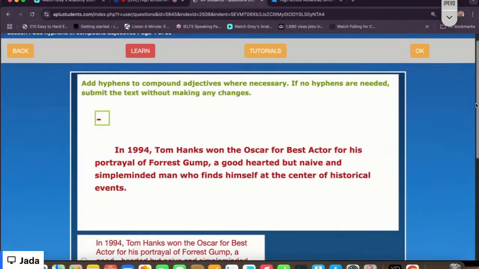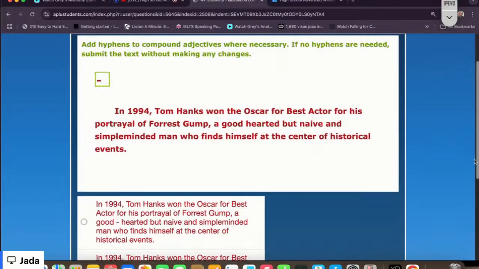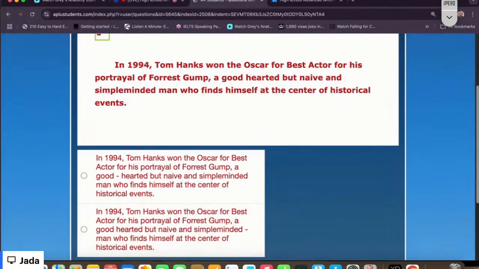In 1994, Tom Hanks won the Oscar for Best Actor for his portrayal of Forrest Gump, a good-hearted but naive and simple-minded man who finds himself at the center of a historical event. Okay, so which of them, first or second?